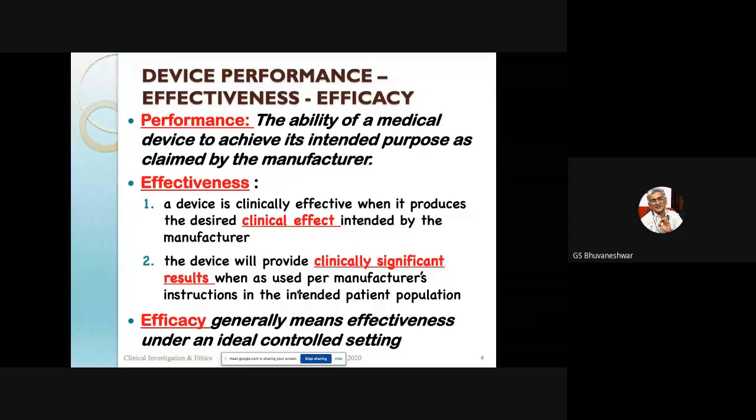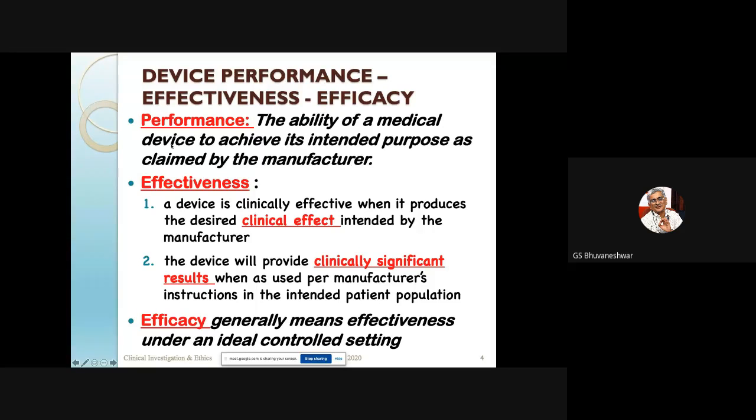Now, what is the difference between performance, effectiveness, and efficacy? So, performance is the ability of a medical device to achieve its intended purpose as claimed by the manufacturer. So, if you are a startup, if you're an entrepreneur, you are developing or making a device, tomorrow you're going to manufacture it and sell it.